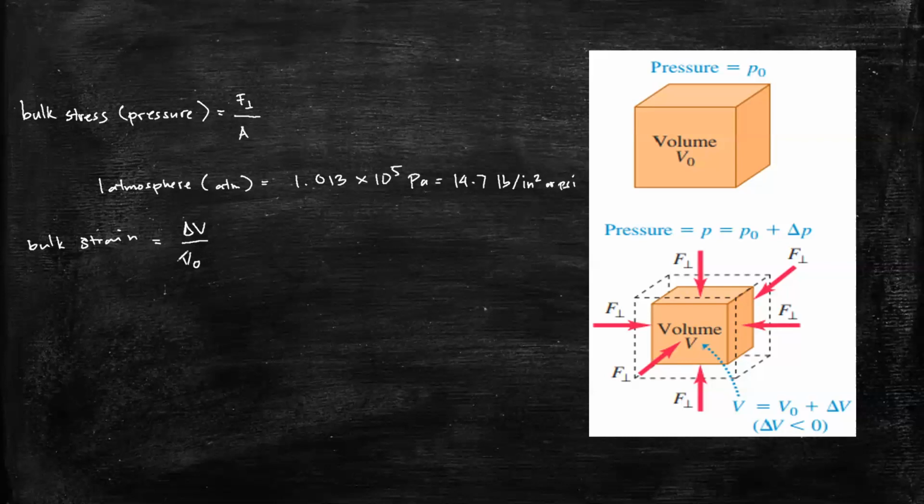Volume strain is the change in volume per unit volume, and like tensile strain, the change in length, it is a pure number or a unitless quantity. When Hooke's law is obeyed in our situation now, we can have our bulk modulus.